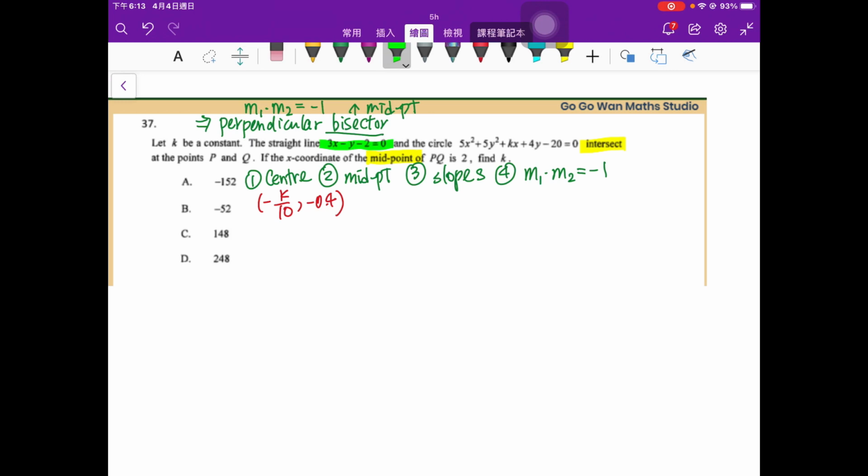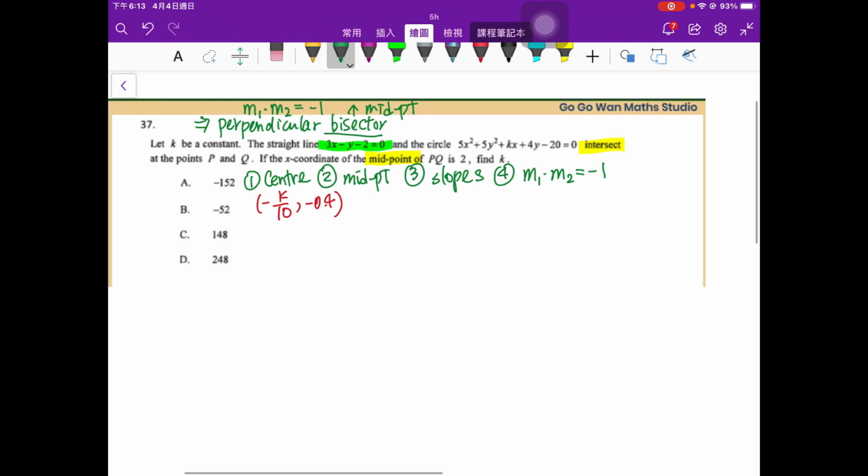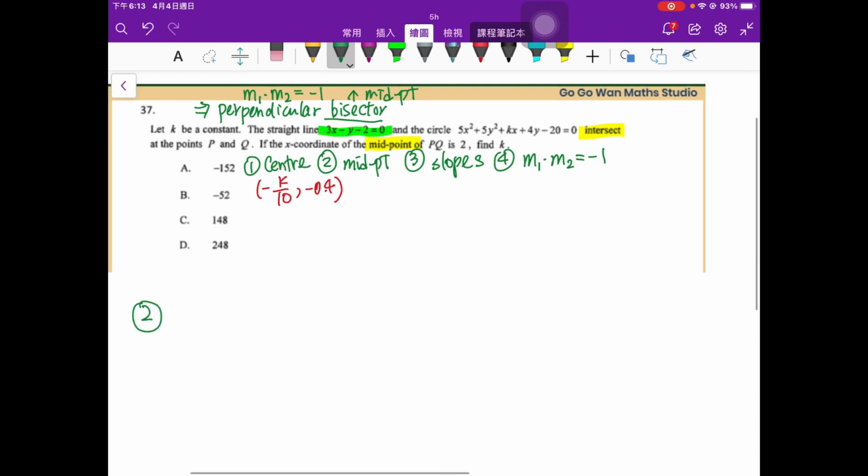So we can substitute x-coordinate 2 into x to find the y-coordinate.